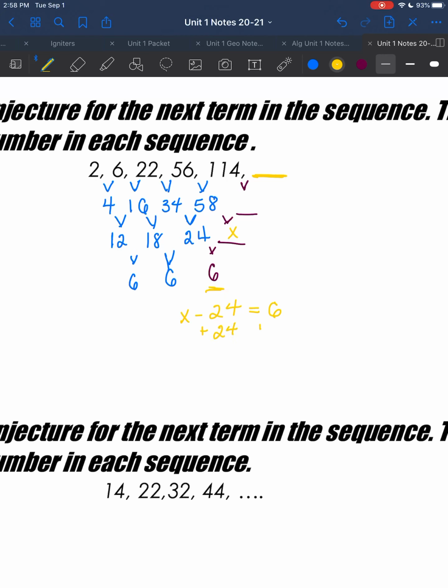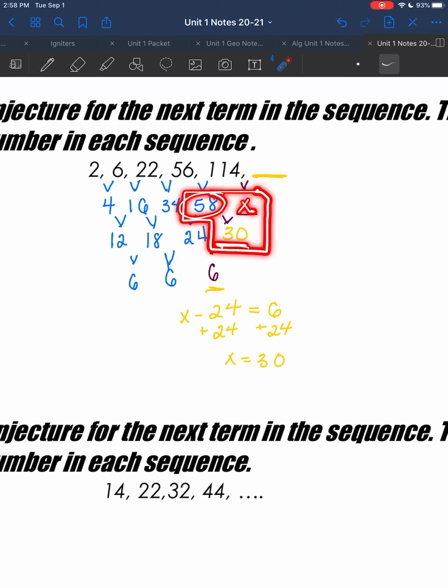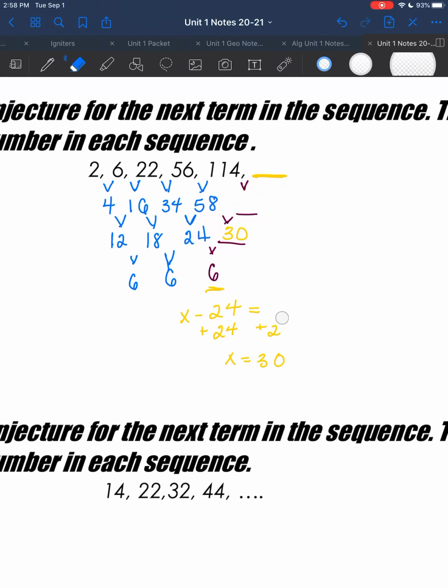So I'm just going to add 24 to both sides. So x equals 30. So that means that this spot is 30. Okay, so now if I look here, that would be this x minus 58 would give me 30.